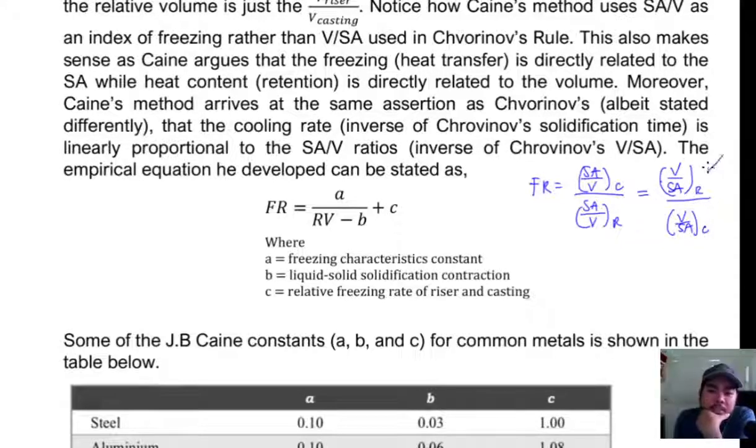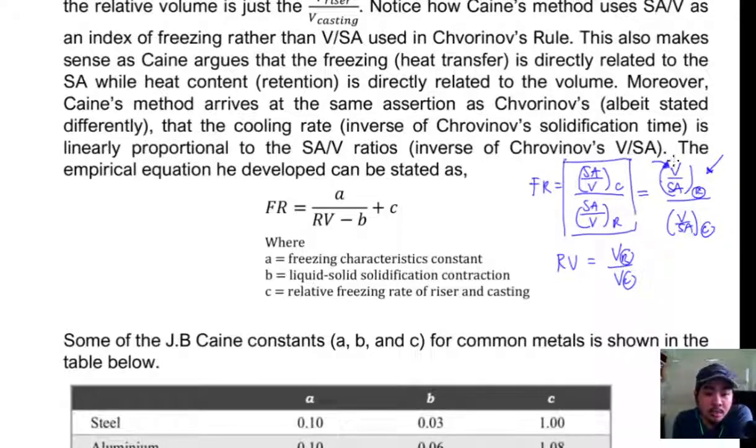And minsan mas gusto ko to, no, kasi it's analogous to the relative volume, which is just the volume of the riser over volume of the casting. So parehas sila na riser yung taas, casting yung baba. So dito riser taas, casting yung baba. And bukod doon, mas maalala ko pa siya kasi same sila ng sa Chvorinov's rule, no, which is volume to surface area ratio. Okay, so but it all depends on you guys, no. So pwede naman ito yung gamitin nyo. You should have the same na, or you should arrive at the same na conclusions.